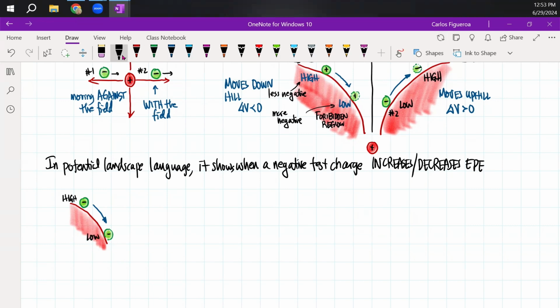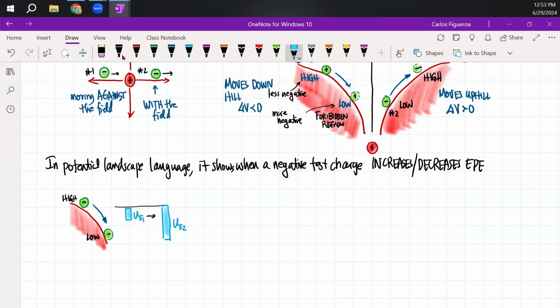Energy-wise, I'm going from a less negative potential to a more negative potential, and as I do that, that is causing a decrease in potential energy, right?